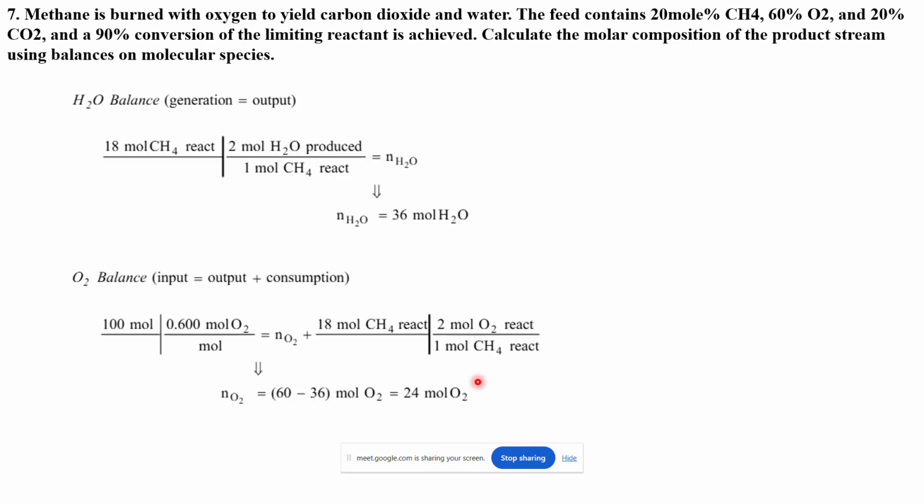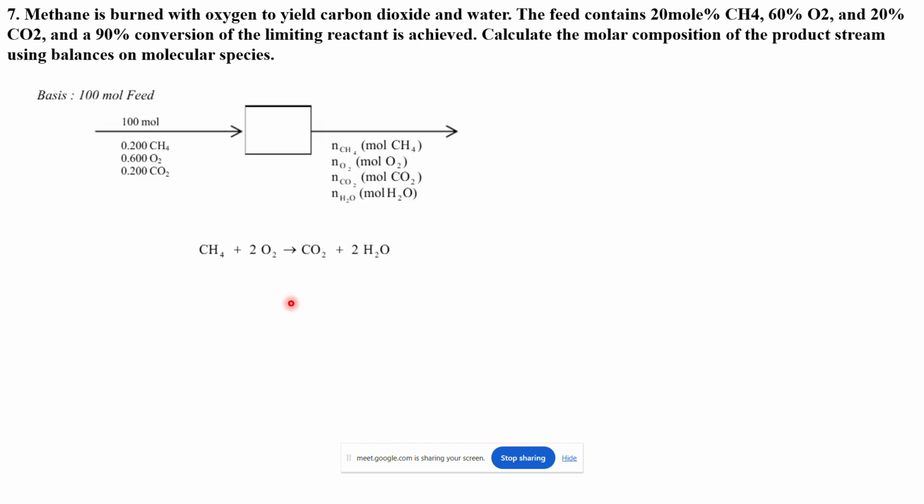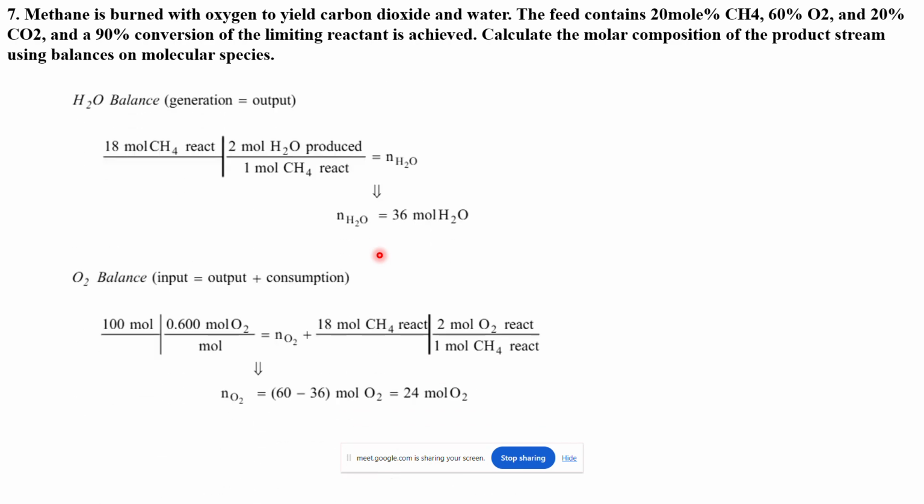Now we will talk about the H2O balance. According to the calculations, 1 mole of CH4 creates 2 moles of H2O in the product stream. Here we are burning 18 moles of CH4, so it will produce 36 moles of H2O.